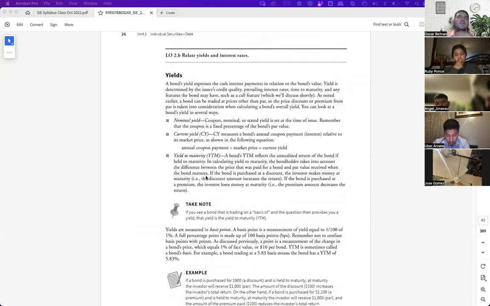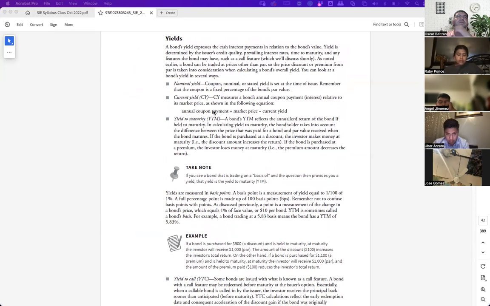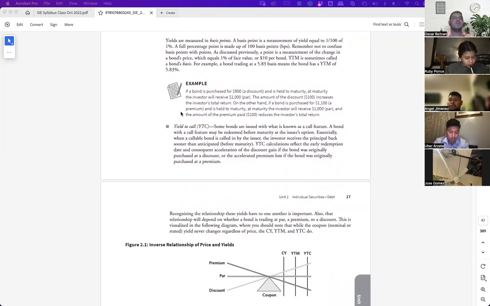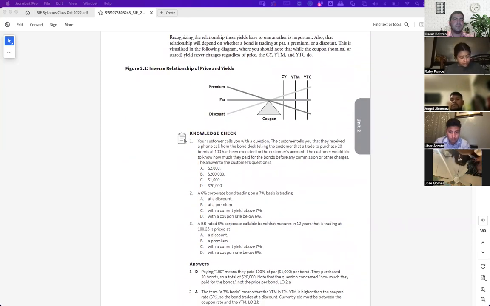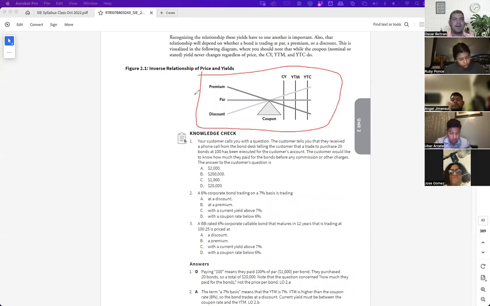Now for yields, I'm not really going to go over these definitions here, but you're going to have to memorize them. And once you memorize them, the one thing that's going to help you for the exam is this chart. This chart is literally going to save your butt on 20% of the exam. So you've got to memorize this chart.